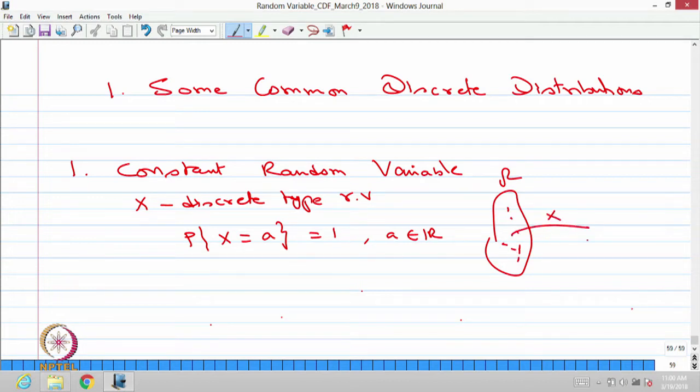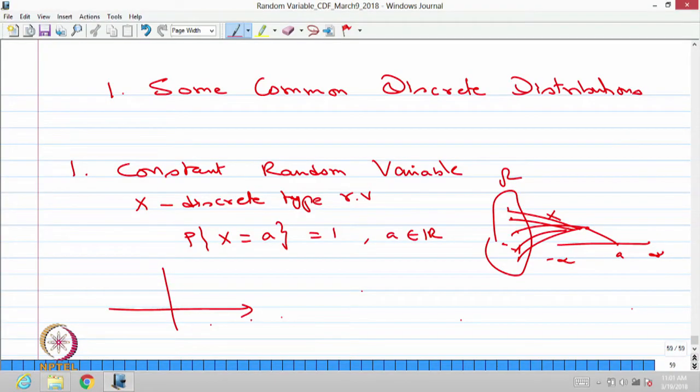So the mapping from omega to R at the point a is for all the points, for all possible outcomes, the mapping is a, where a belongs to the real line. That means the probability of X equal to a is nothing but the probability of omega. From the Kolmogorov axiomatic definition, we know that P of omega is 1. Therefore, the probability of X equal to a is equal to 1. That means for all other points, if you go for the inverse image, the mass is going to be 0.